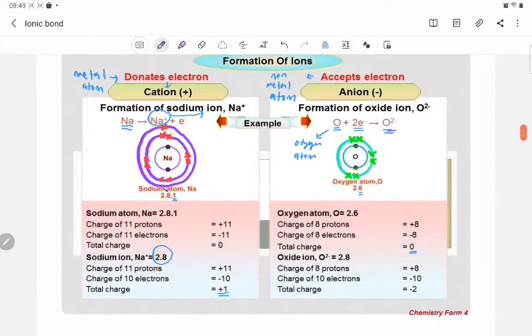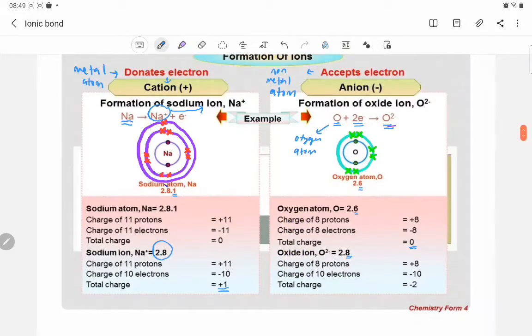But why does oxide ion have a negative 2 charge? You can see here, for oxide ion the electron arrangement is 2.8. You can see the difference of valence electrons between oxygen atom and oxide ion, where for oxygen atom the valence electron is 6, but for oxide ion the valence electron is 8, which means there is an increasing number of electrons here.